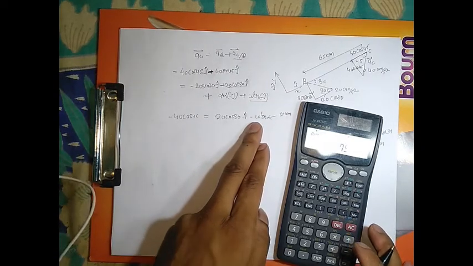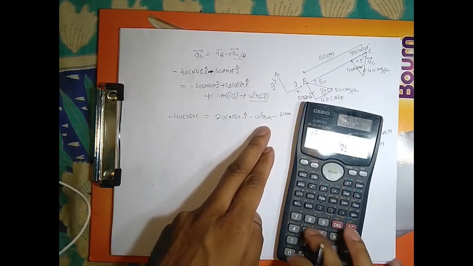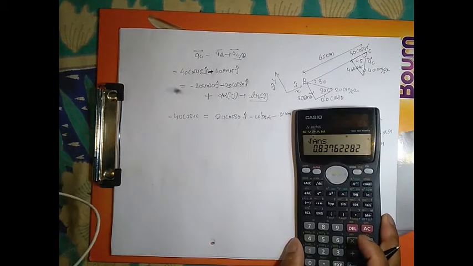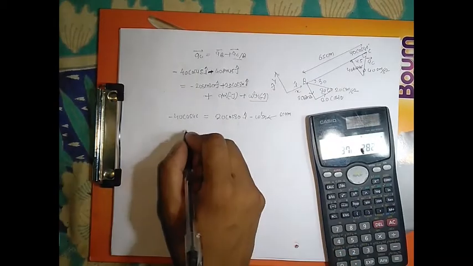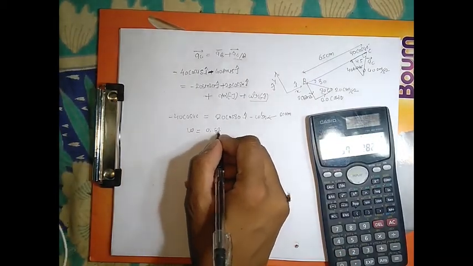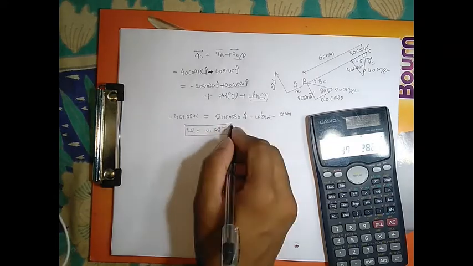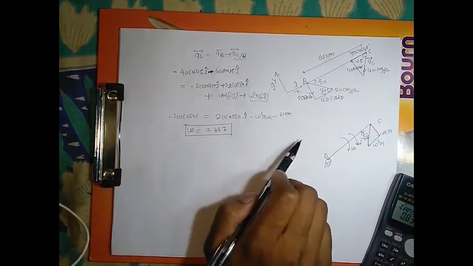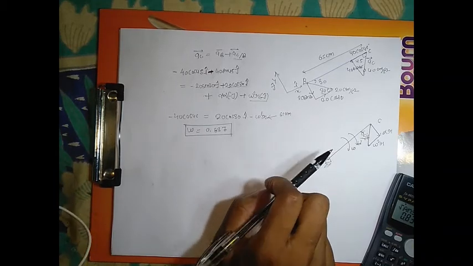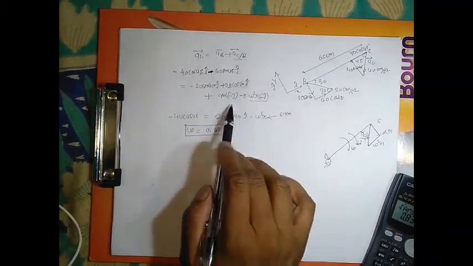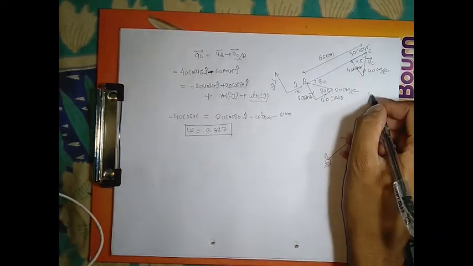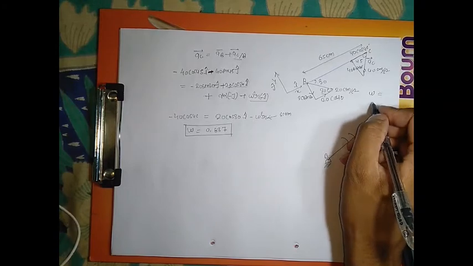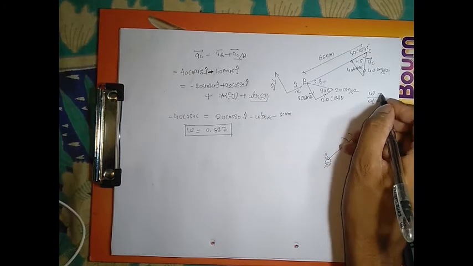Then we take the square root of all these things. So you are getting omega equal to 0.837, and omega is coming positive. That means your supposition of the omega direction is correct. Now we have found omega, and I have to find alpha.